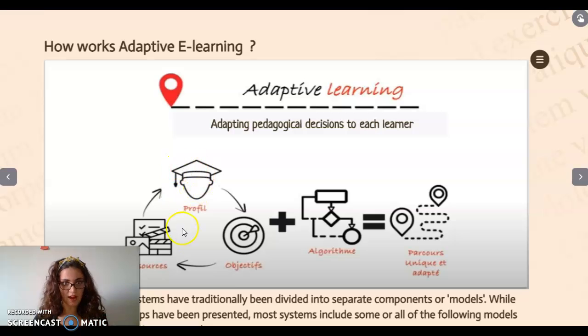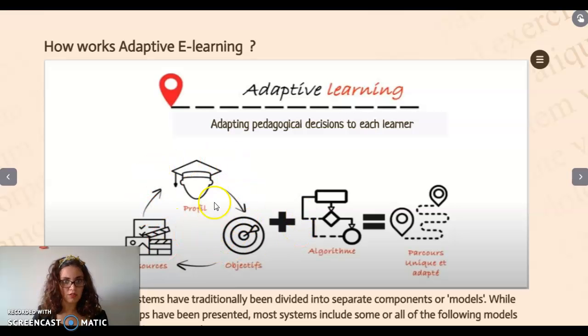There is a profile. Profiles are students, learners, all of the learners, and you have an objective. What's your goal before this learning, and after? What is your content? What's your context in this learning?